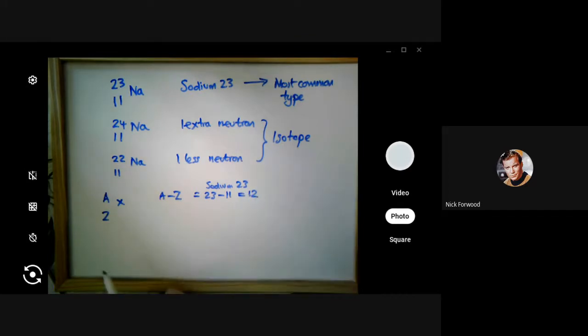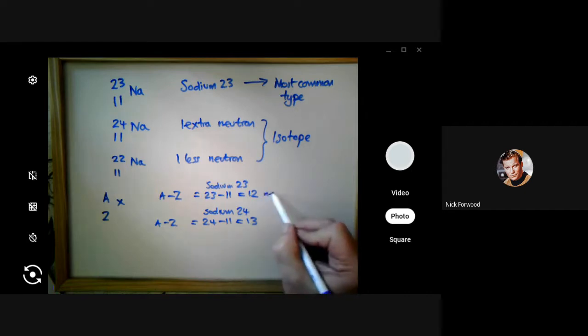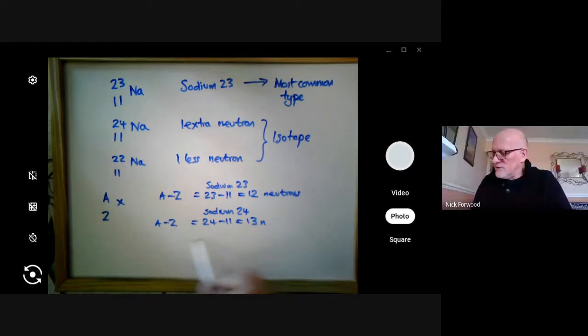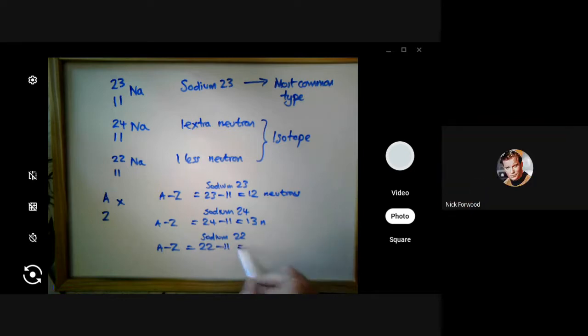That's the most stable common type. If we do sodium 24, A take away Z is 24 take away 11, which is 13, and there's your one extra neutron there, 12 neutrons there, 13 neutrons there, and obviously sodium 22, A take away Z is 22 take away 11, which is 11 neutrons.